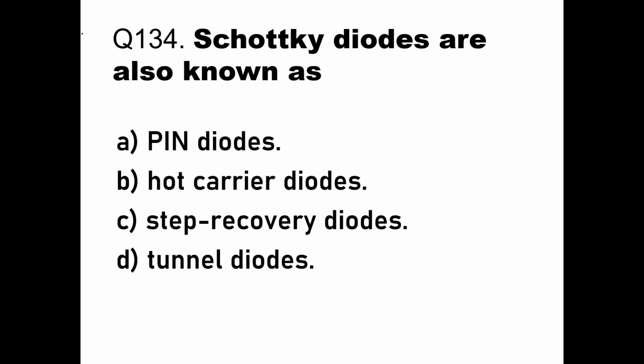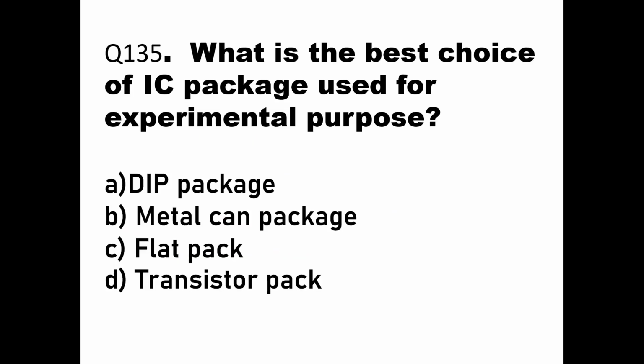Whenever this type of arrangement is made, the majority carriers in both are electrons only, but the N-type semiconductor electrons have high kinetic energy and they enter the metal, and that entering is called a hot carrier. Hot carriers are entering, so it is a hot carrier diode. So the Schottky diode can also be called a hot carrier diode. Okay. Then we'll go to question number 135.